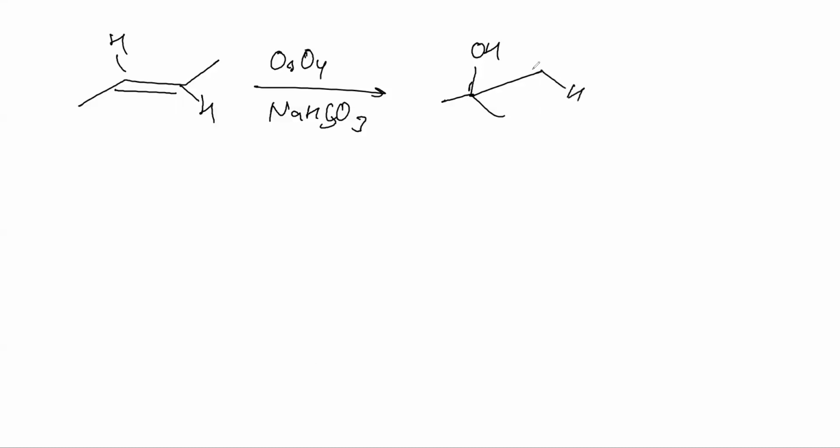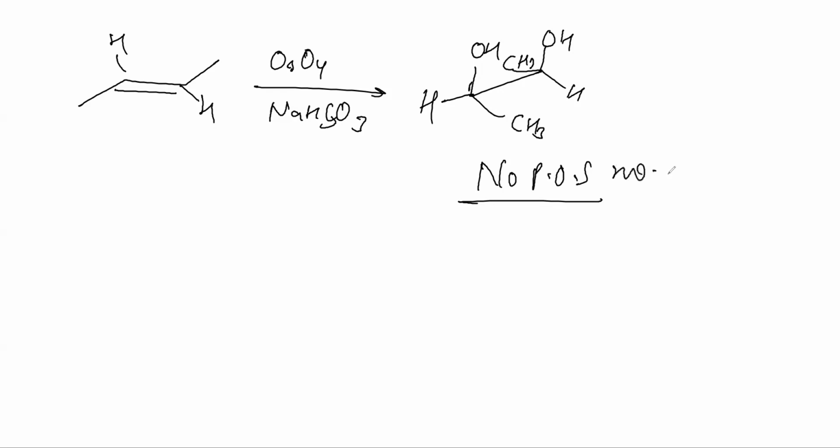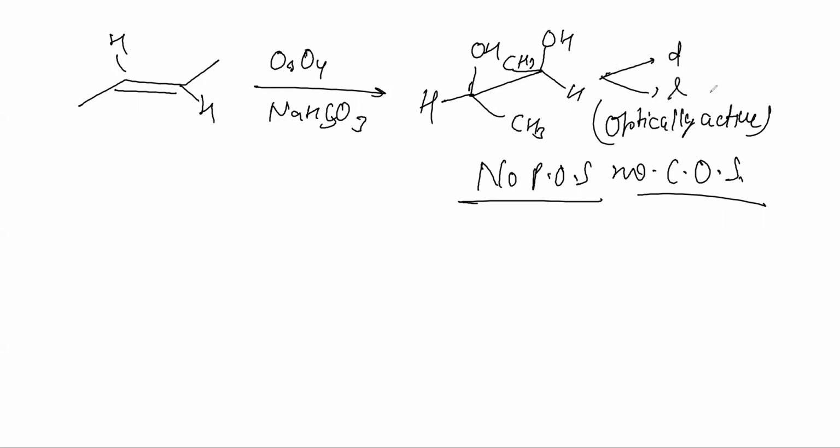Oh, they will be like this. Sorry, I made it wrong. I hope you understand. Now, is there any POS? No POS. And no COS? No COS also. Optically active, so it will be what? Dextro and levo. So when trans alkene goes for syn addition, you get racemic.